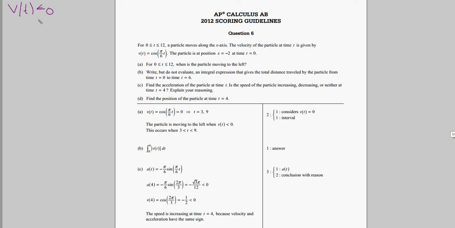And so when I set cosine of pi over 6t equal to 0, I know that pi over 6t is going to equal 0 at pi over 2, and also 3 pi over 2.